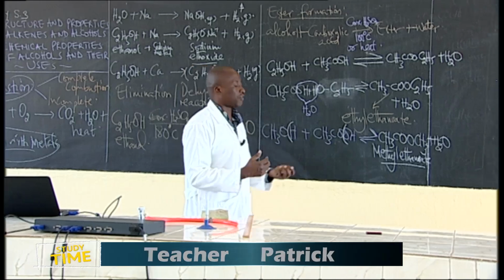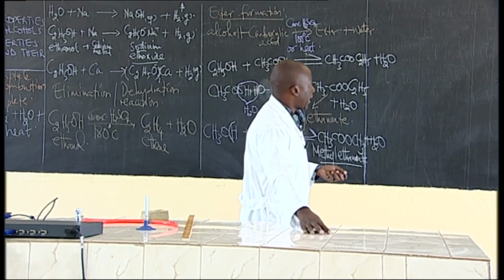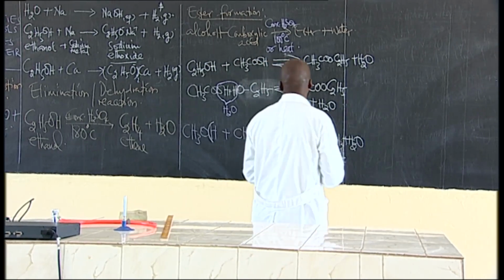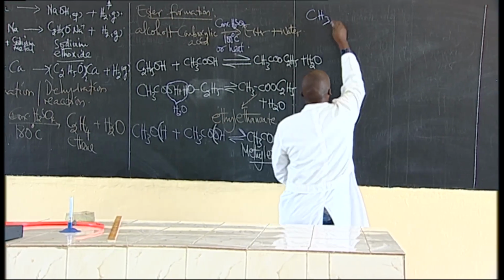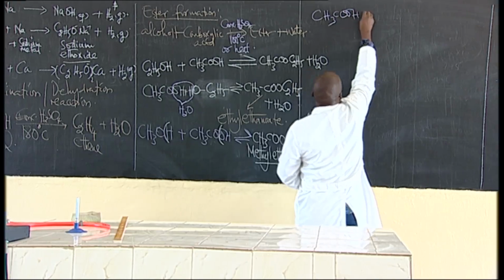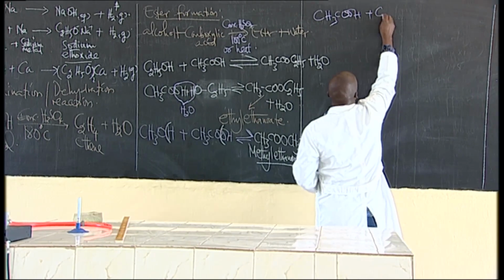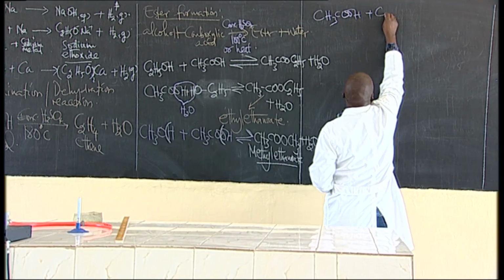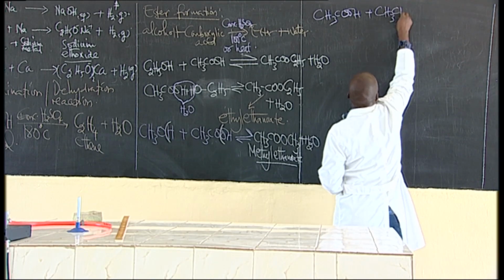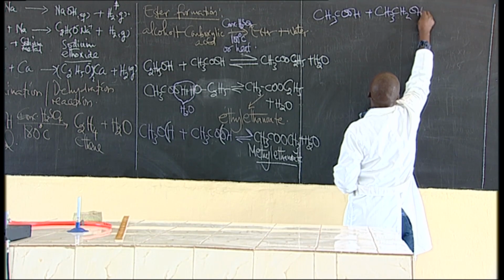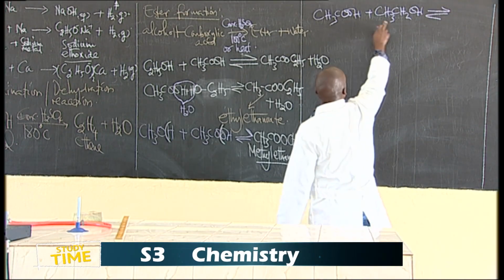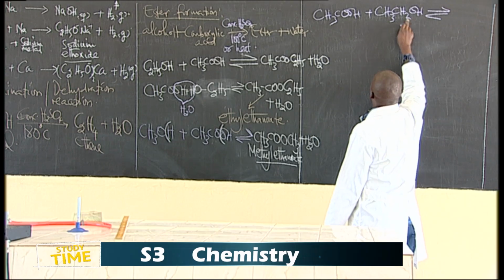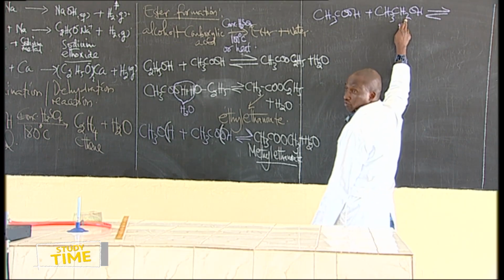We may have another reaction whereby you may have CH3COOH plus CH3CH2O. So this is ethanoic acid, but this is also another way of writing it.